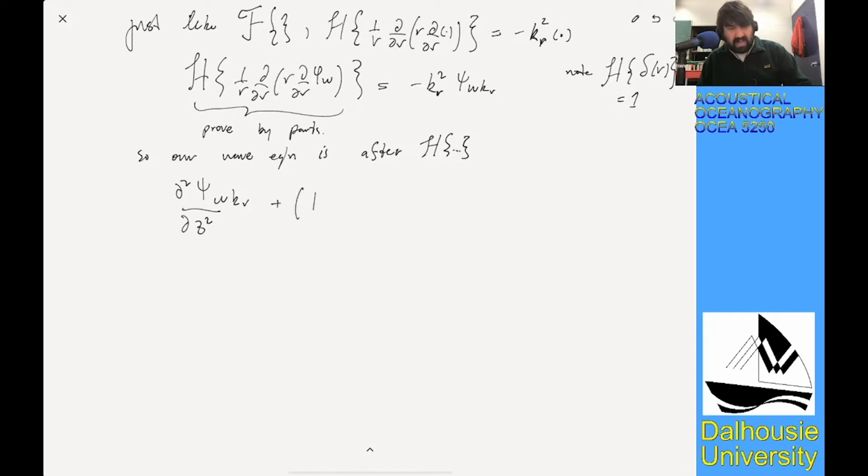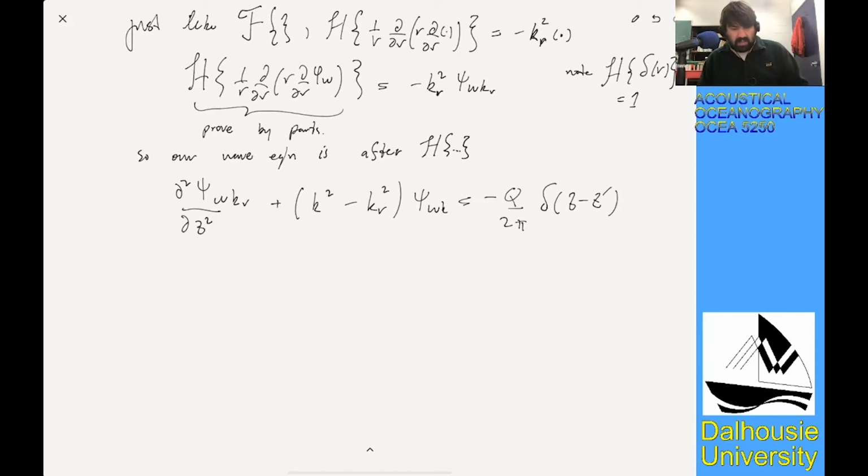And now we're going to have k squared from our Fourier transform, and kr squared from our Hankel transform. And on the right-hand side, we're going to have minus q over 2 pi. That delta r just became a 1. And now we have the delta z minus z prime.